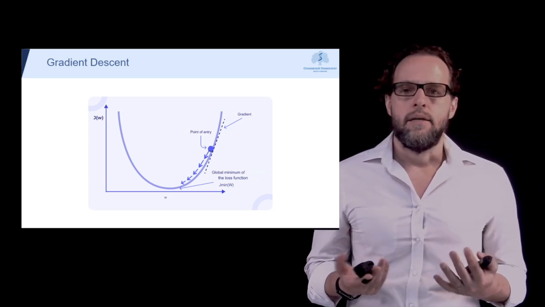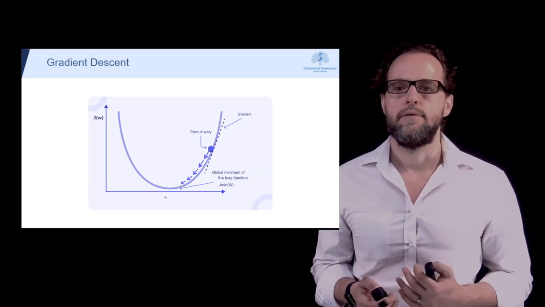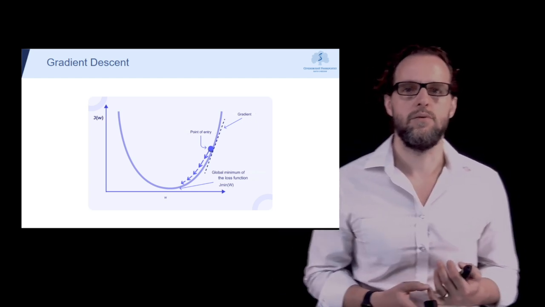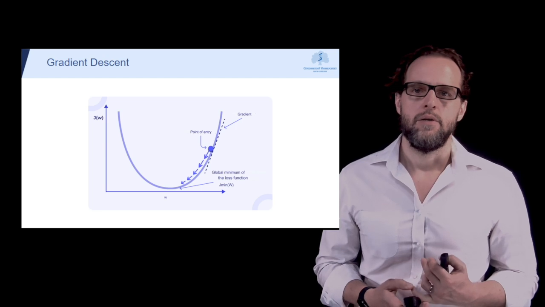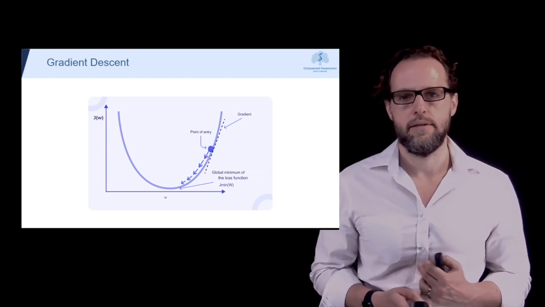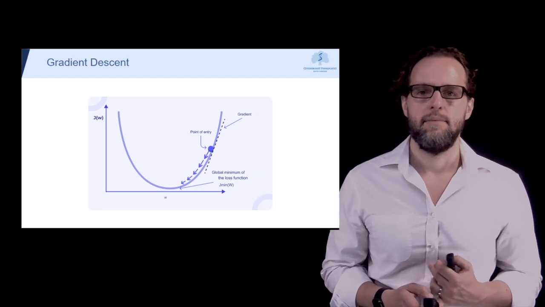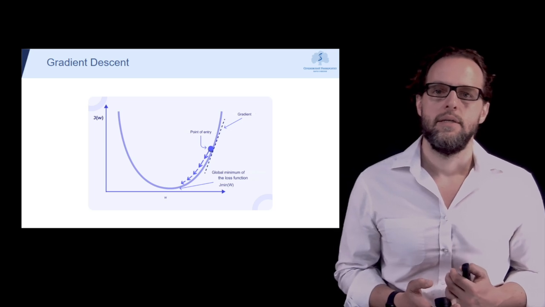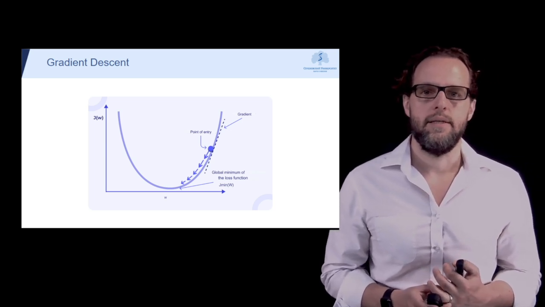How is it done? Imagine that you have reached some position on the loss curve and want to go down. You look where it is tilted and go. In mathematics, the analog of searching for the descent is the derivative.